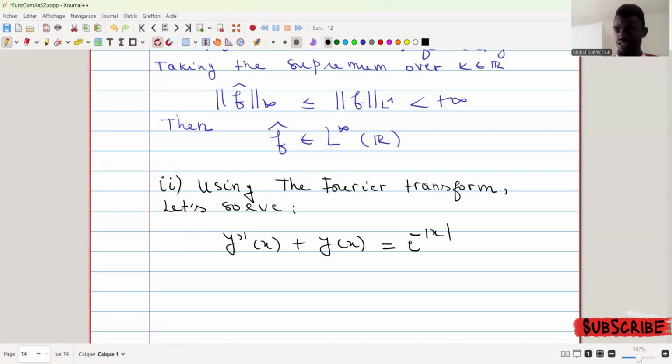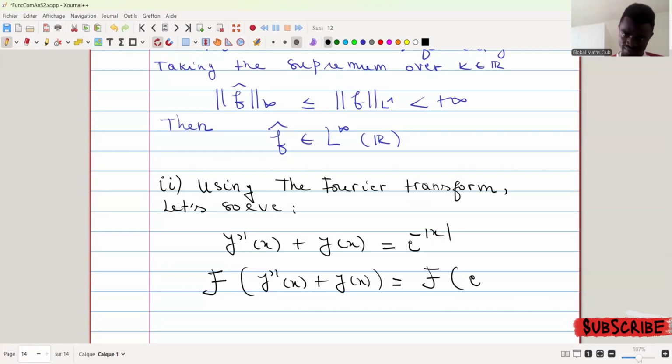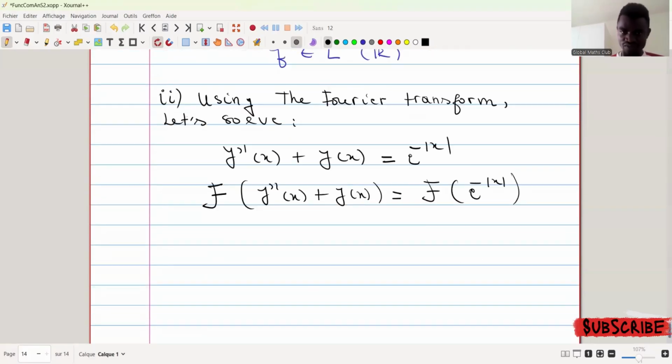You know that to do this, you just have to take the Fourier transform on both sides. So the Fourier transform of this equals the Fourier transform of this. Or instead of using this expression, you can just put the hat.